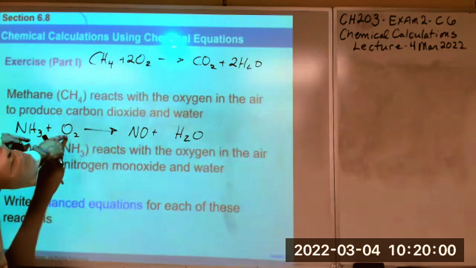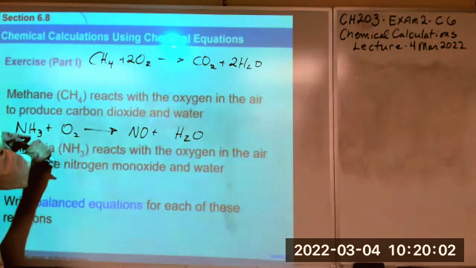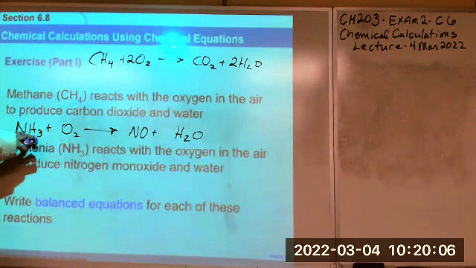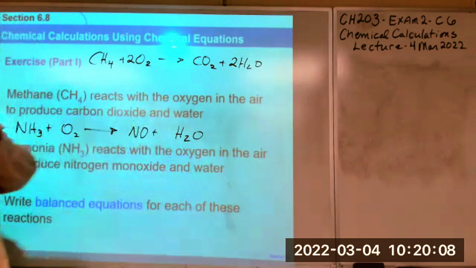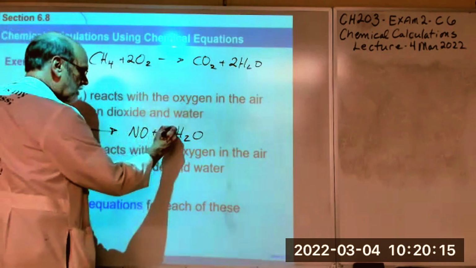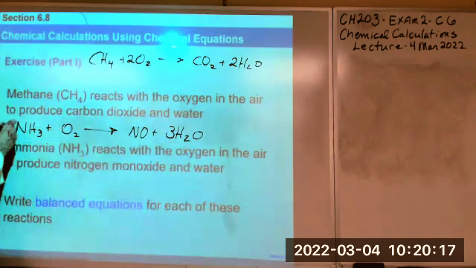We got an oxygen here, we'll leave it alone. 3 hydrogens. Oops, 3 on this side, 2 on that side. This is where cross multiply will work. So we take that 3 and put it here. Take that 2 and put it here.